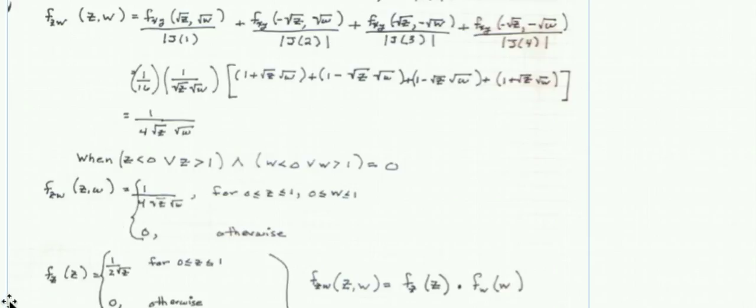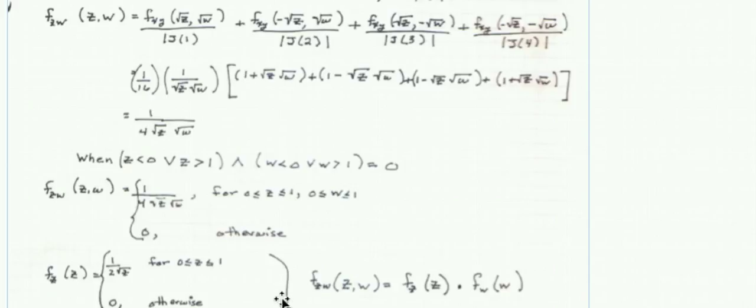Correspondingly, we have the same type of situation for f of z, which is equal to 1 over 2 the square root of z, with z greater than or equal to 0 and less than 1, and 0 otherwise. We can also say that f of w is equal to 1 over 2 the square root of w, when w is greater than or equal to 0 and less than 1.